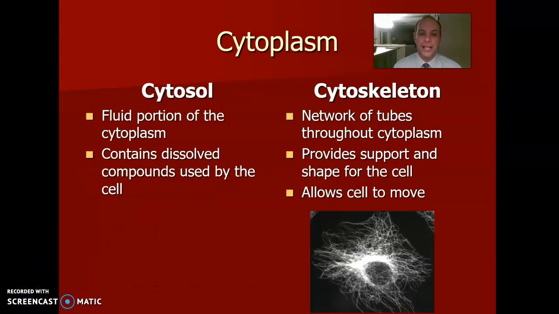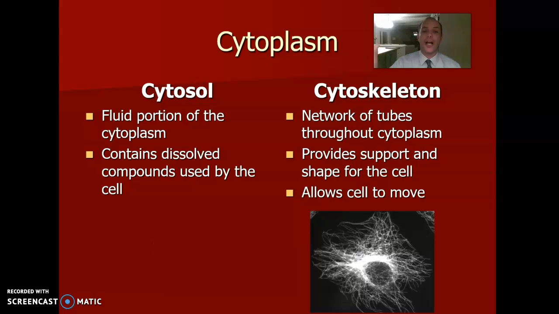Two parts of the cytoplasm are the cytosol and the cytoskeleton. All right, the cytosol is the fluid portion of the cytoplasm, which I just referenced to you, and contains dissolved compounds used by the cell. The cytoskeleton is the network of tubes throughout the cytoplasm. You can't see them, right? But they're in there. They provide support and shape for the cell, and they allow the cell to move.